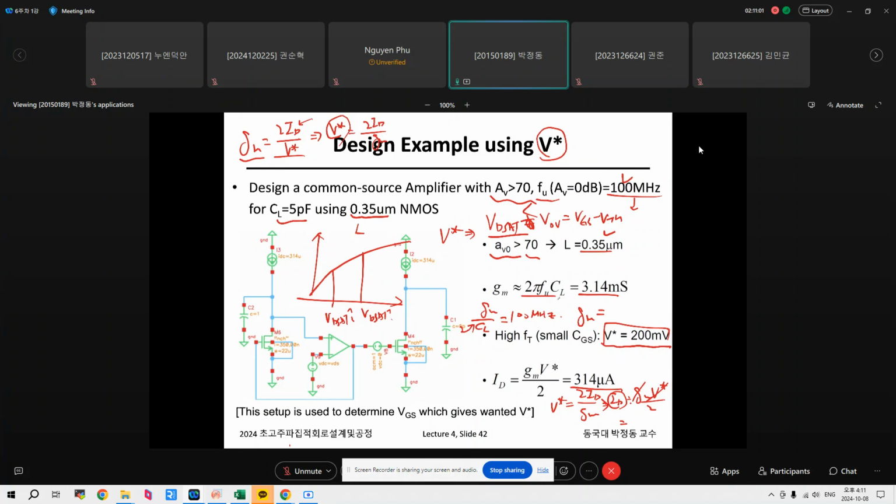Now how can we extract the value with a designated V star? Okay, that's how we get this 314 microamps. We apply it, right? This is just a large capacitor to avoid any issue.